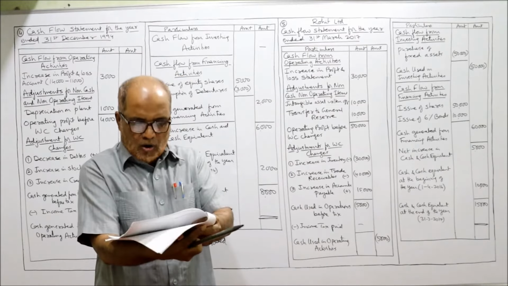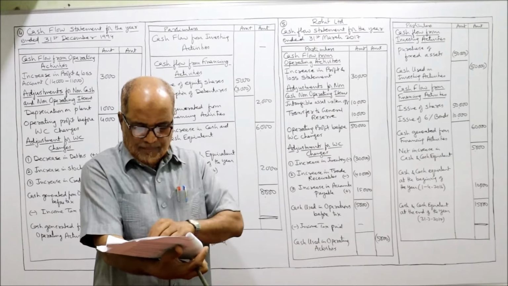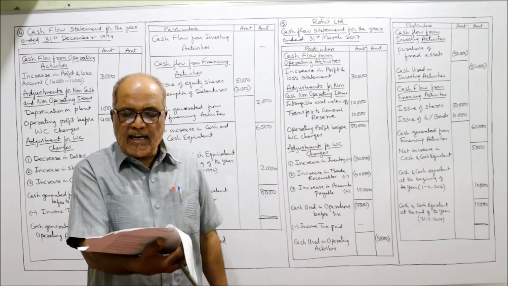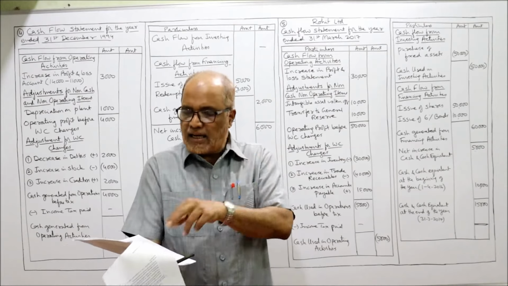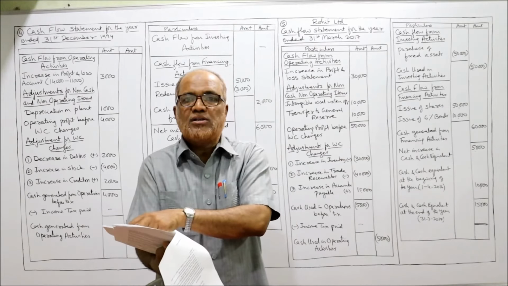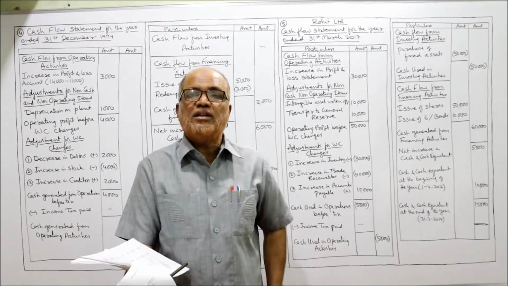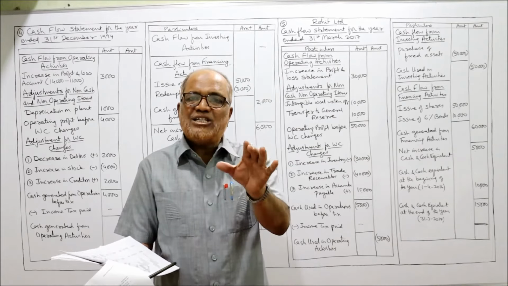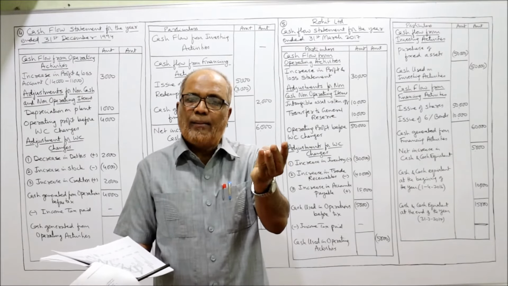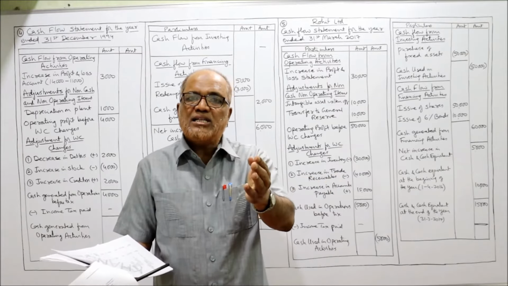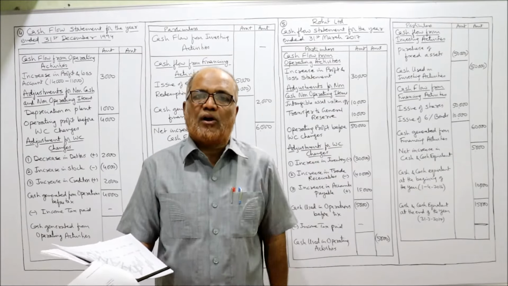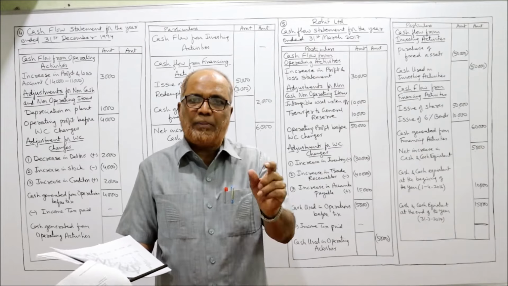For non-cash, non-operating items, we will see the balance sheet. Intangible asset: last year was 50,000, current year it is 40,000. Intangible assets consist of goodwill, patent right, copyright, etc. These intangibles will be written off over a period.